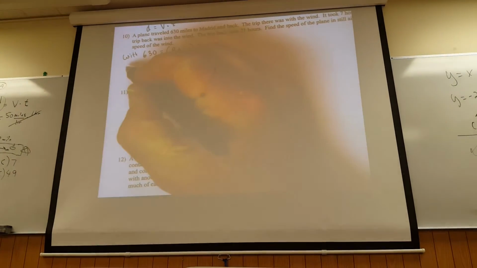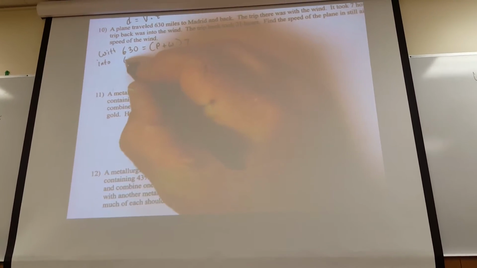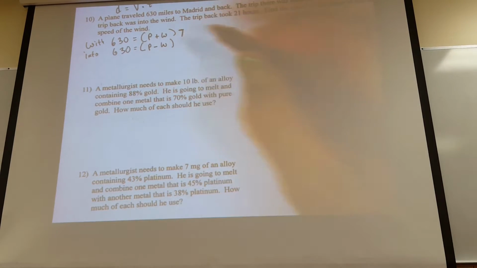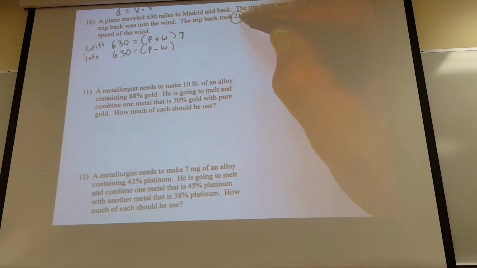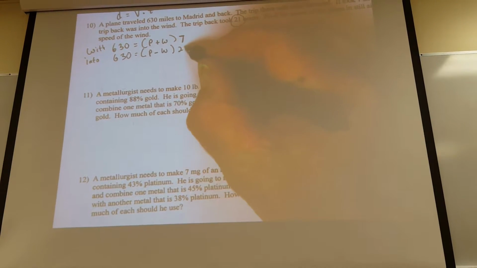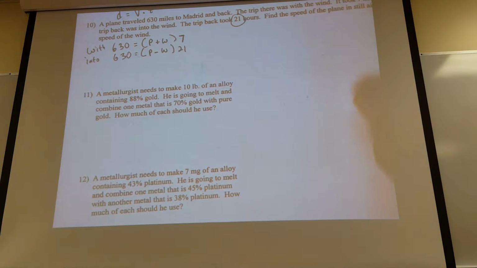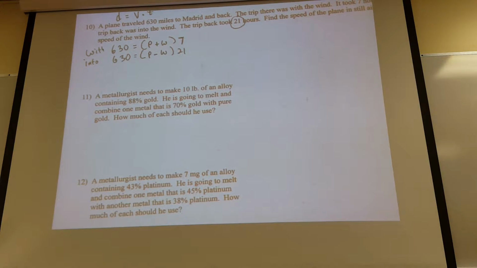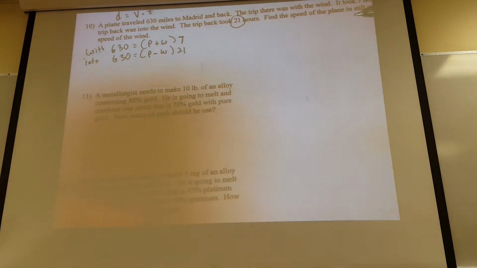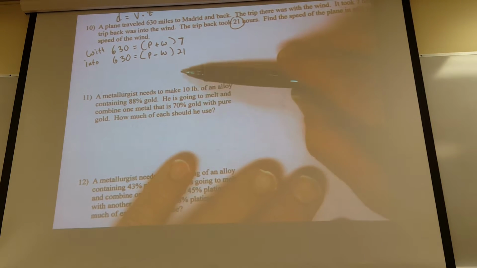Now, if we are into the wind, the distance is the same, but it's plane minus the wind now, and it took us 21 hours. These are set up the same exact way every time, okay?